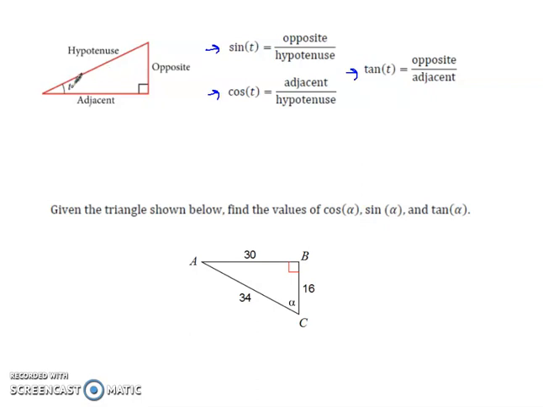Sine is specifically the relationship between the opposite side and the hypotenuse of our triangle. So as angle T might grow, that opposite side might grow and the hypotenuse would grow, so our value of sine would change.